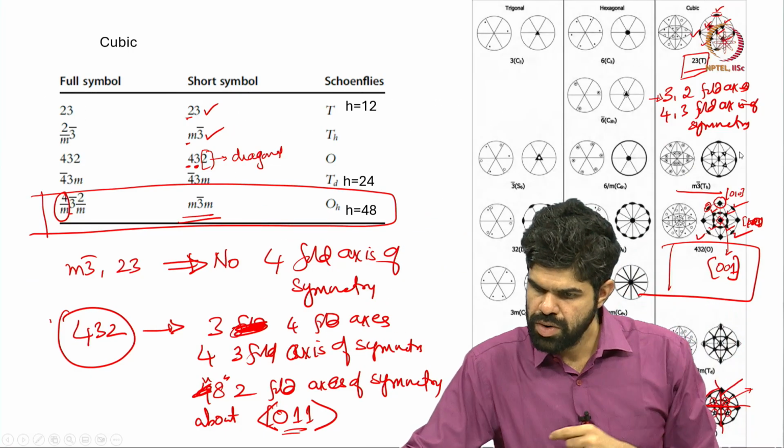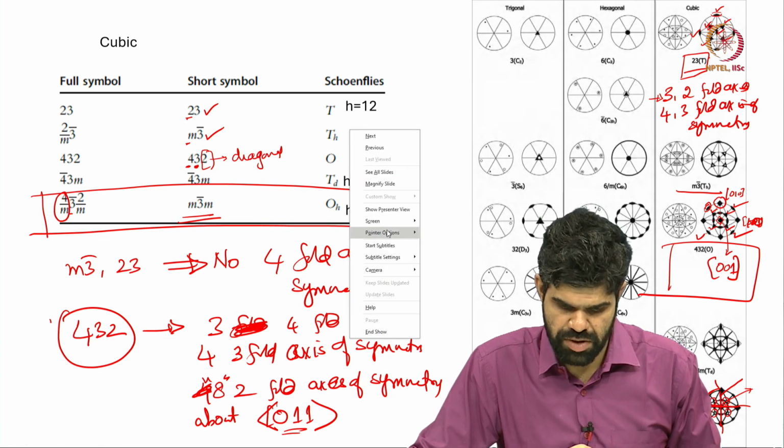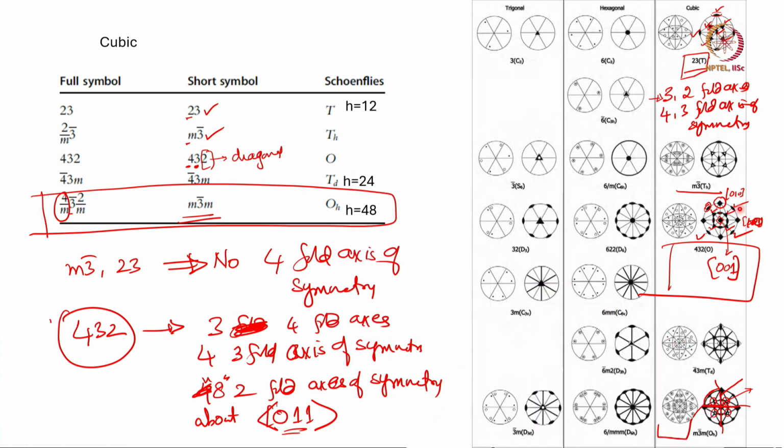Let me point out with a pointer. We were looking at this particular thing, right. This is 4 3 2, and in 4 3 2 we have 3 4-fold axes, right. So 0 0 1, 0 1 0 and 1 0 0, all of them are 4-fold axes.